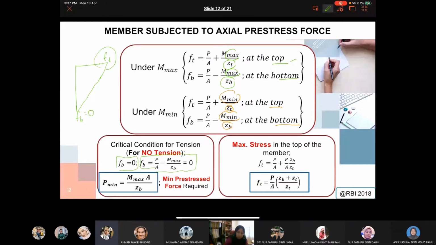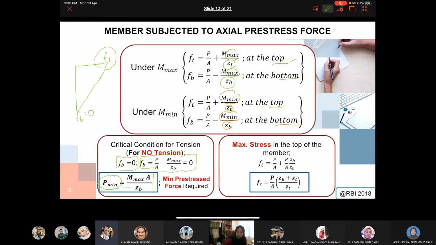Then you can simplify it, and because you want to know the pre-stress force value, you put the pre-stress force at the left side, then everything else at the right side. So we can generate one formulation that can calculate the minimum pre-stress force required for a pre-stress beam.